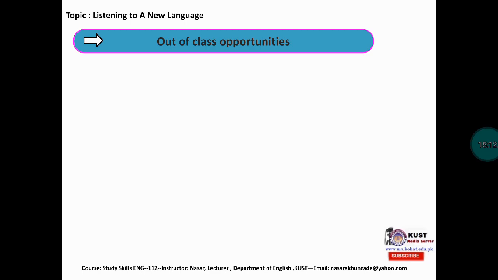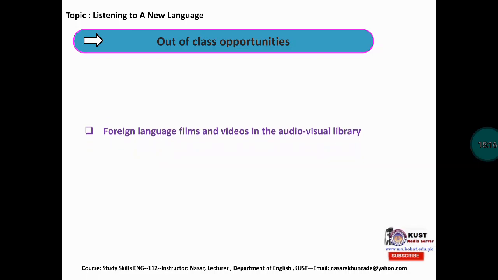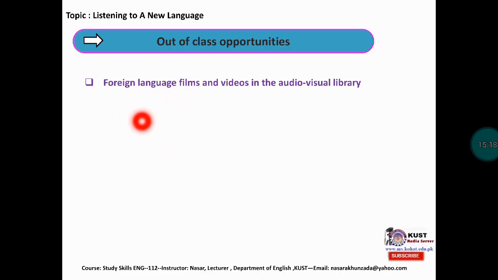Out of class opportunities. Foreign language films and videos in the audiovisual library. Watching movies can be a relatively relaxed way of learning by listening. You learn to improve your listening in quite specific ways.